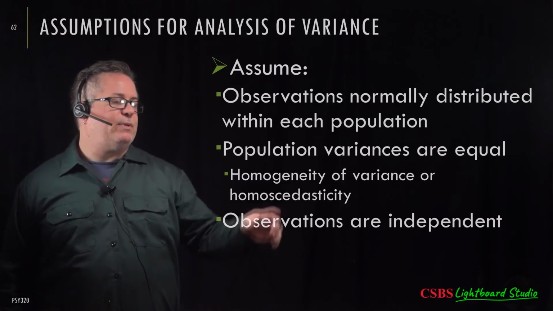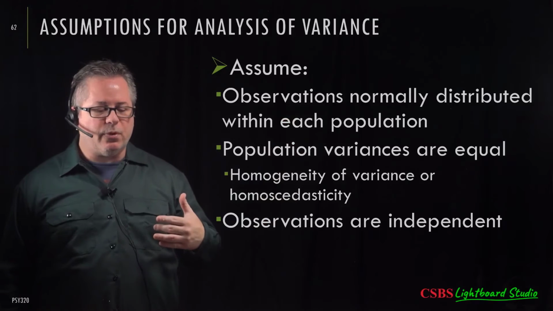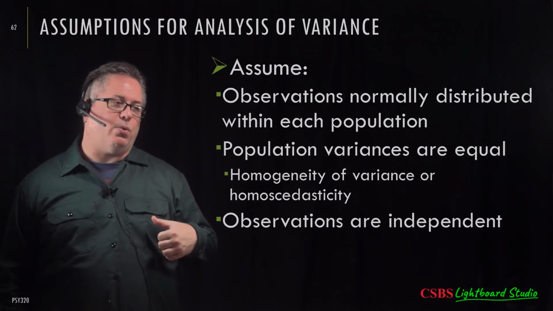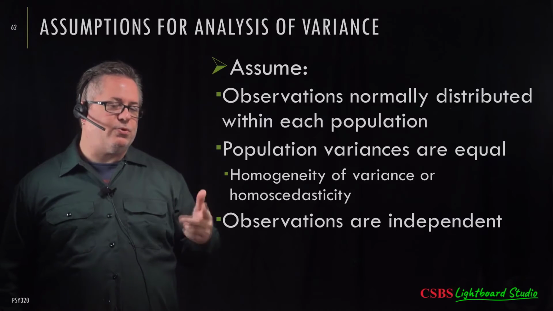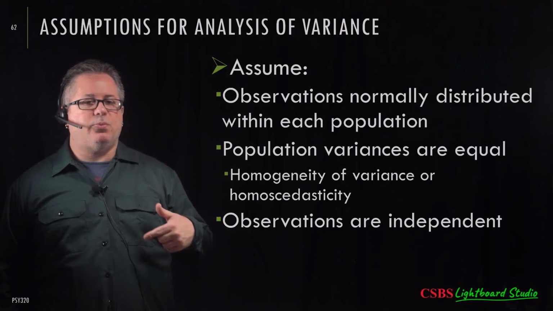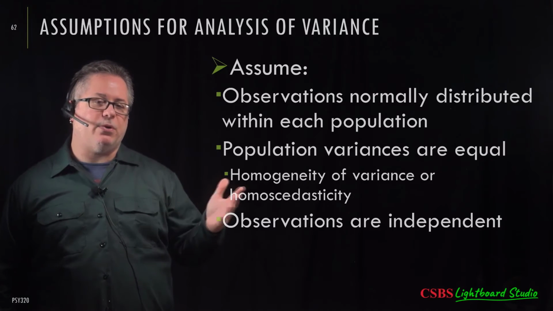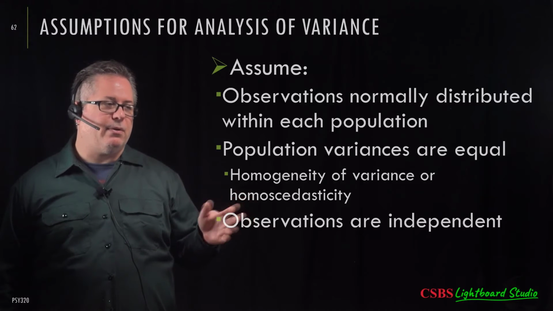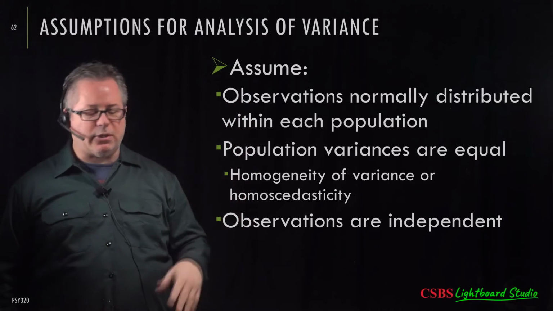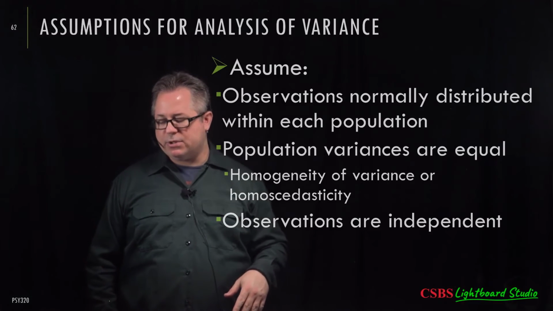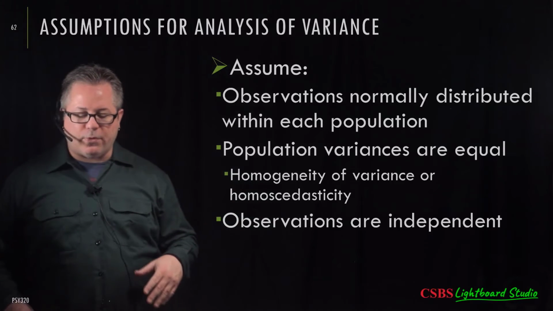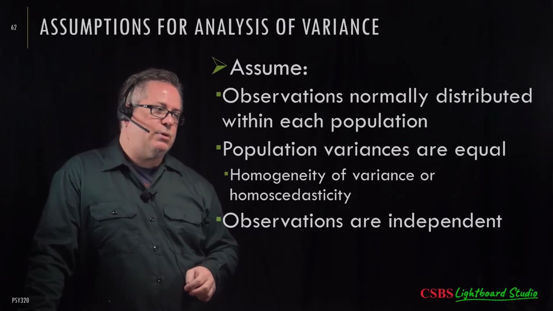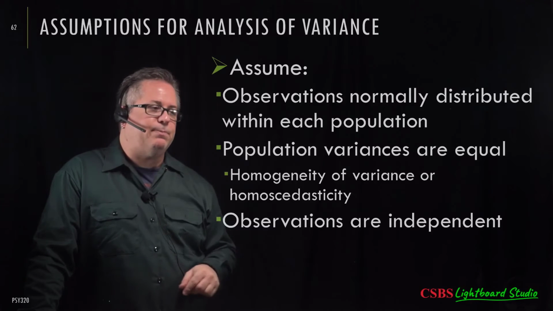Okay, so even though it says observations normally distributed, the real thing comes down to we're going to assume that we have either enough people or that our population is normally distributed, so that we know that the sampling distribution of means would be normally distributed as well. Right, so that's where this first one is coming from. We're assuming that we get a normal distribution of means from our samples based on the sample size or, sorry, based on the fact the population is normally distributed.